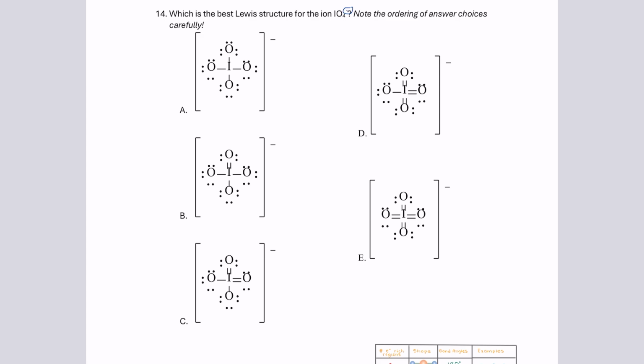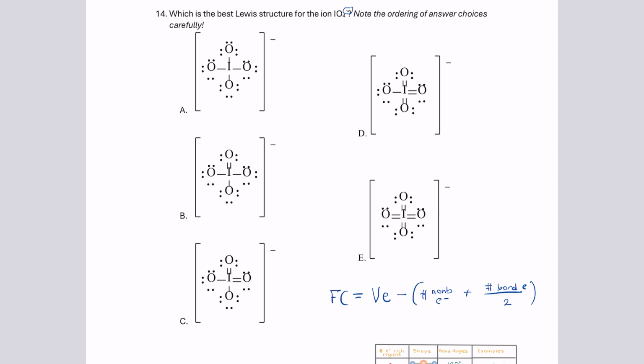The best Lewis structure is going to minimize formal charges while ensuring that the most electronegative atoms carry negative charges when applicable. The formula for calculating formal charge is valence electrons minus the number of non-bonding electrons plus the number of bonding electrons divided by 2.